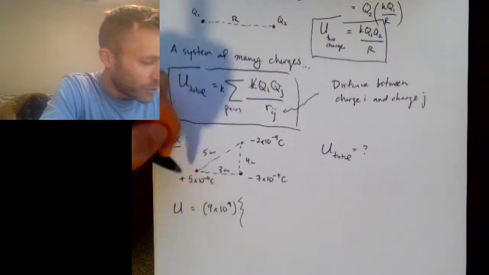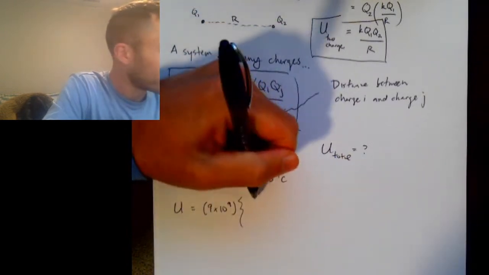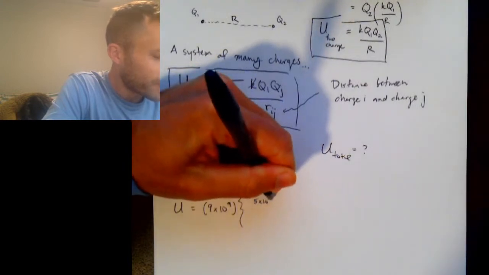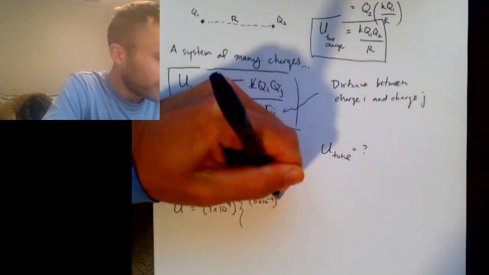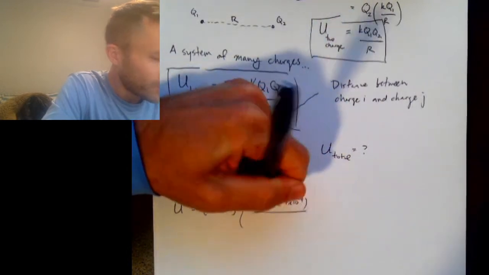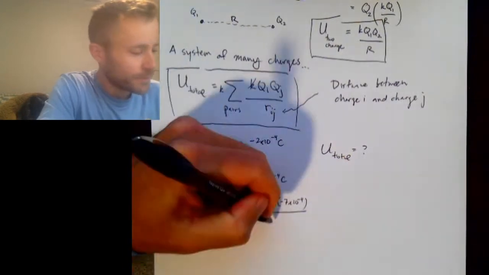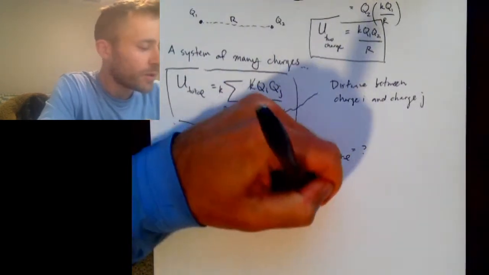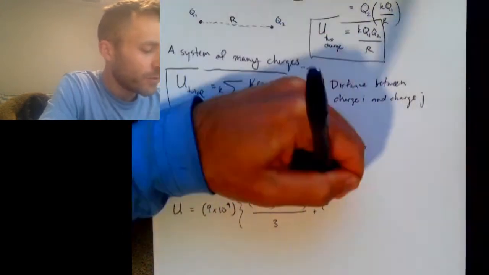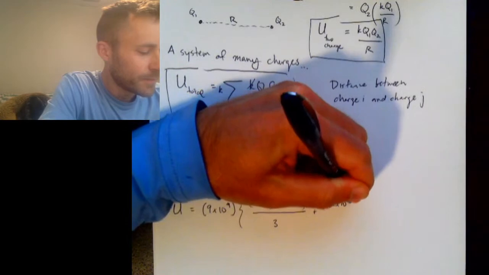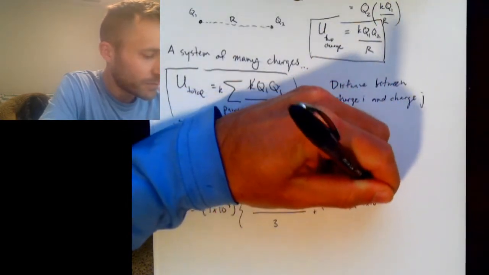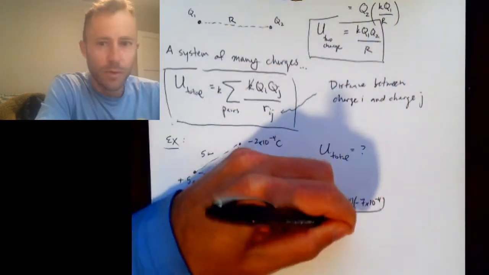So let's do the horizontal leg pair. That's going to be Q1 Q2 over R, which is 3, plus, now let's do the vertical pair, Q1 Q2 over R, which is 4.